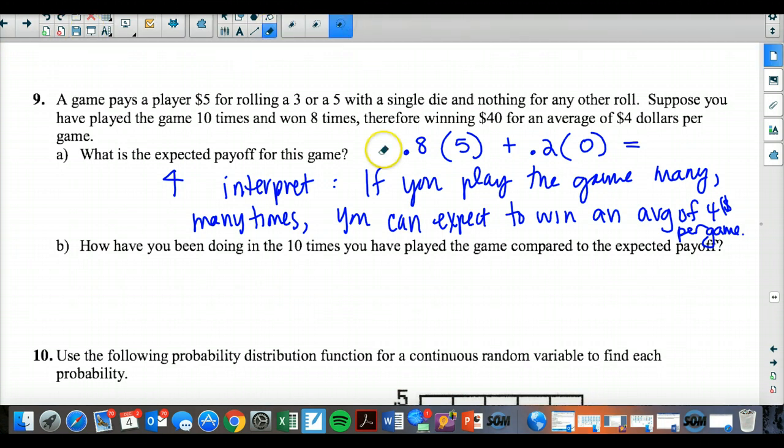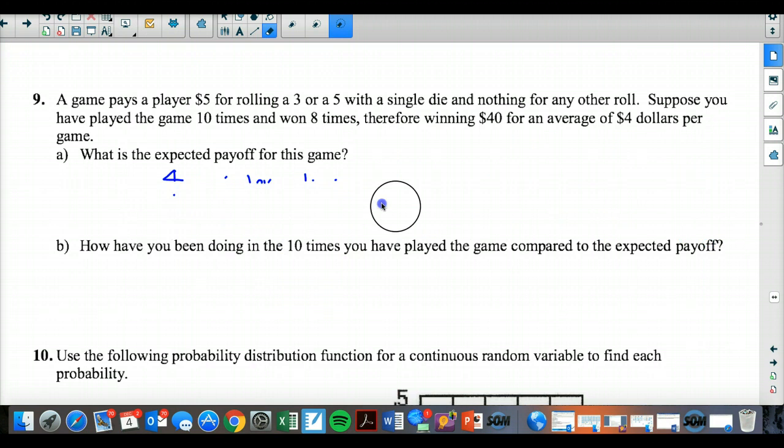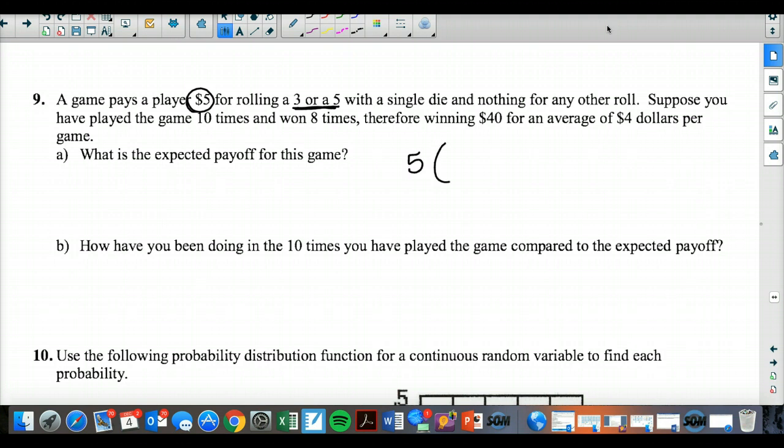Okay, we're gonna go back. So, we never factored in, I was just looking at the outcome thinking there was something to do with the outcome. My bad, here we go. They pay $5 for rolling a 3 or a 5. So $5 has a probability of 2 out of 6 of occurring. Plus, you get nothing for 4 out of 6 things that could come up.